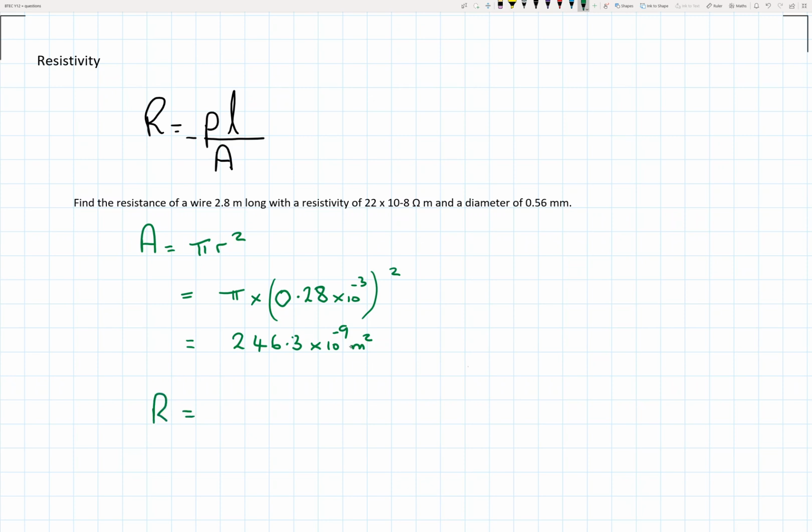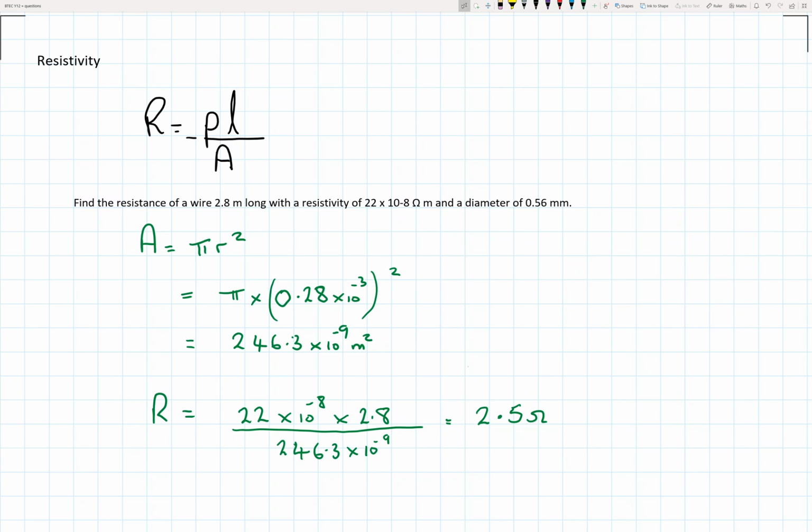We've got resistance, we know the resistivity of the wire, 22 times 10 to the minus 8, and we know that it's 2.8 meters long, and then we divide it by our area, and if we put all of that into our calculator, we should get 2.5 ohms. Okay, straightforward enough.